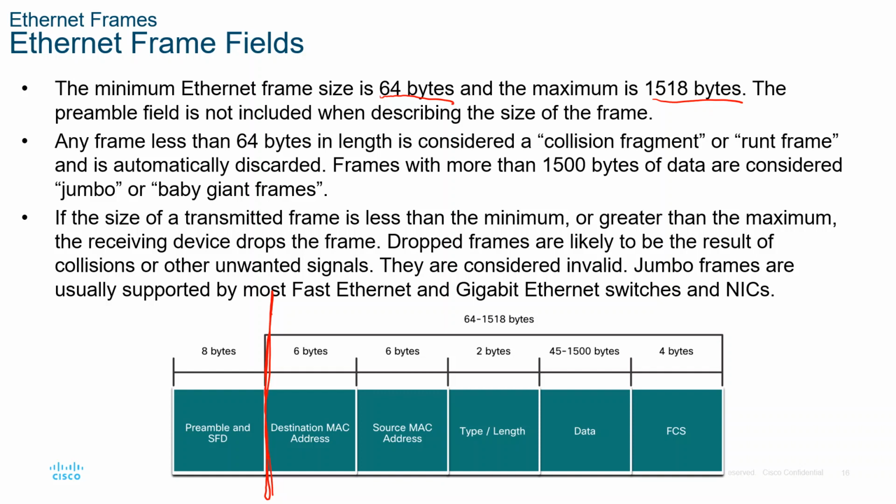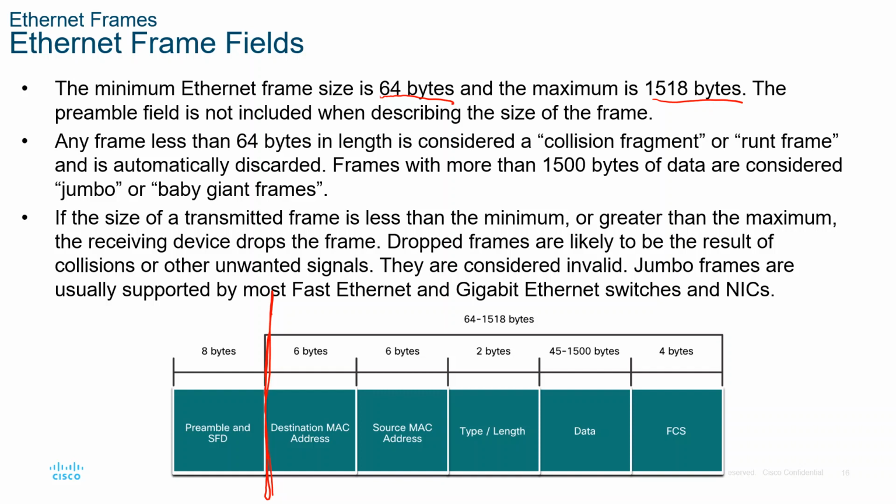Frames with more than 1,500 bytes are called jumbo frames or baby giant frames. If the size of a transmitted frame is less than the minimum, which is 64 bytes, or greater than the maximum, which is 1518, the receiving device will automatically drop the frame.